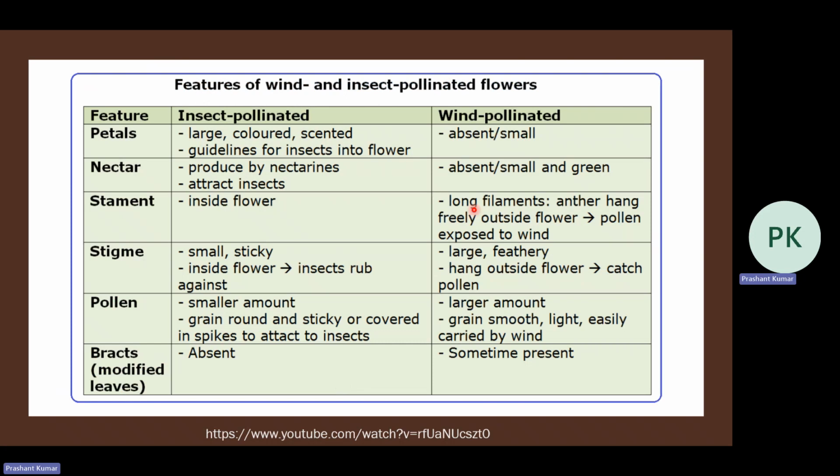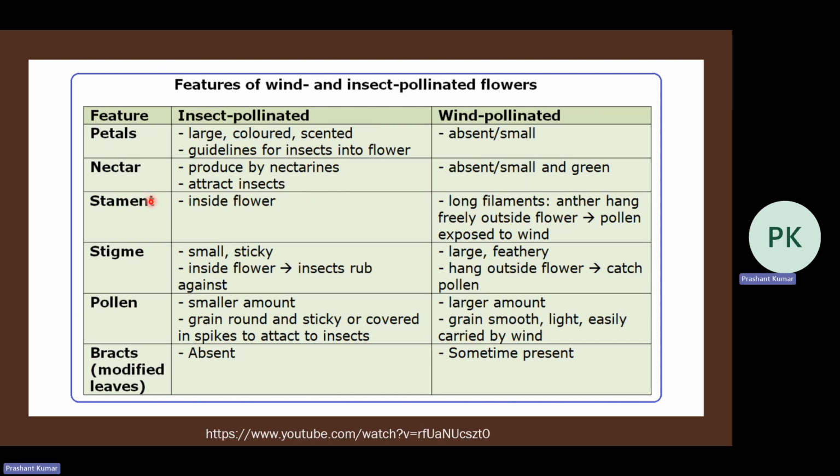So this is a very basic difference between insect and wind pollinated flowers in terms of some features. First is petals. Insect pollinated flowers have large, colorful, scented petals, and in wind pollinated there is no scent. Nectar will be there in insect pollinated; in wind pollinated, nectar is absent.